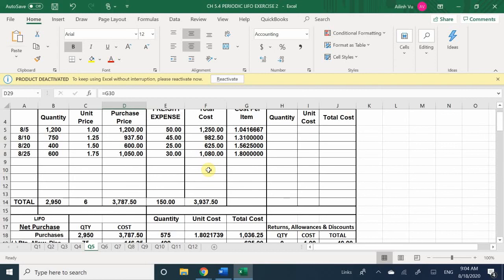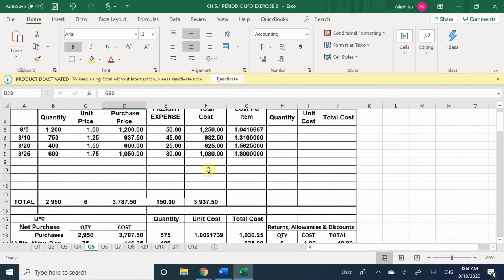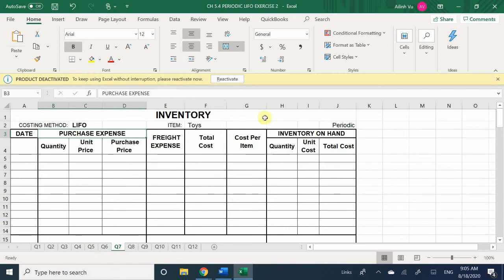Yes, 810, how many? 350. Don't forget the return right here. I didn't update it yet. So it's just 300. Yep, it's just 300.